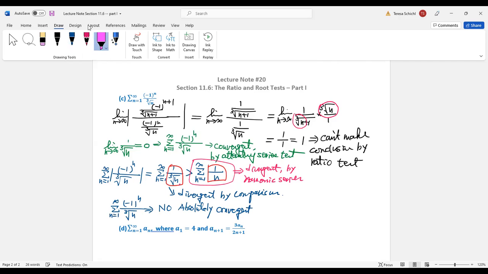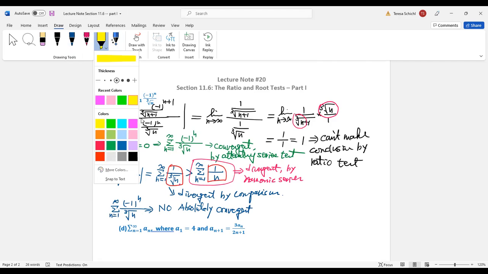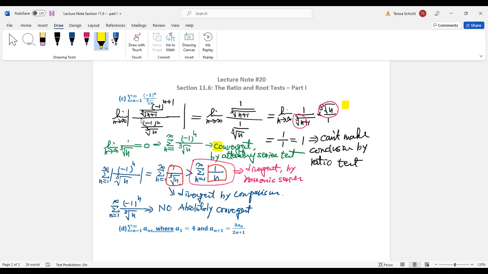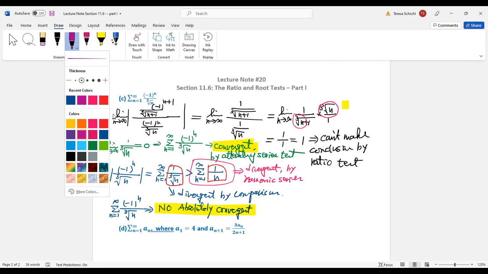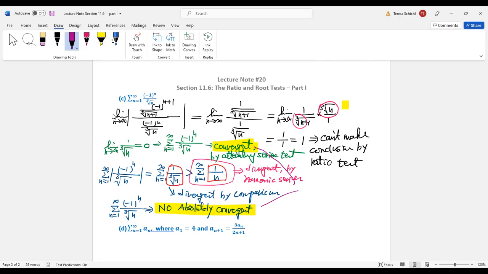Okay, so now let's compare what we have here. In here we said this series is convergent, and in here we say the same series is not absolutely convergent. So by combining these two, what is the result here?